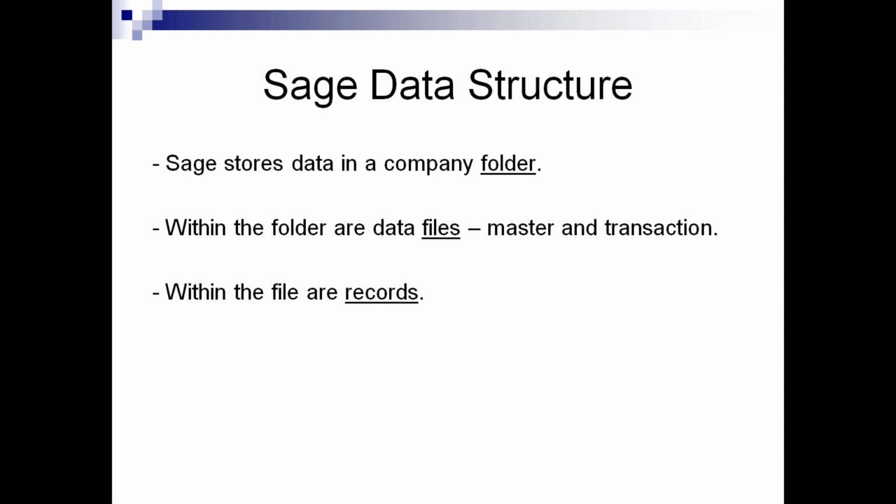Now, inside those files, we have records. This is another concept that you need to become familiar with. Let's use job cost as an example. You're looking at the job cost master file. Within that file, you have records for the job itself, for extras if you're using extras, for cost codes, and for categories.